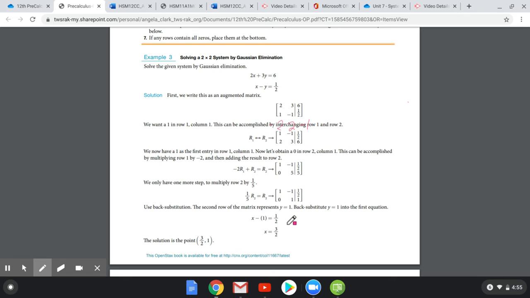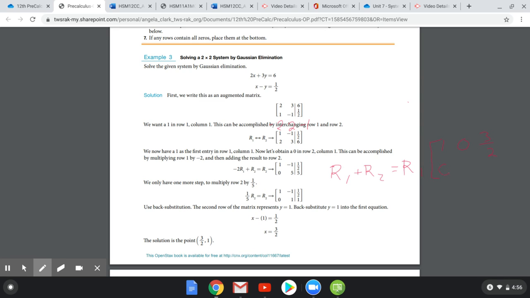So I'm going to go ahead and do that. What I'm going to do is R1 plus R2 equals R1. In other words, I'm going to add the 2 rows together and put it in R1. So 1 plus 0 is 1, -1 plus 1 is 0, and 1/2 plus 1 is 3/2.